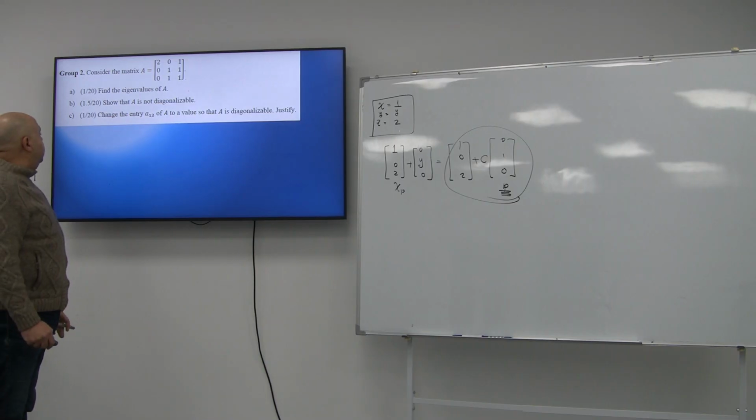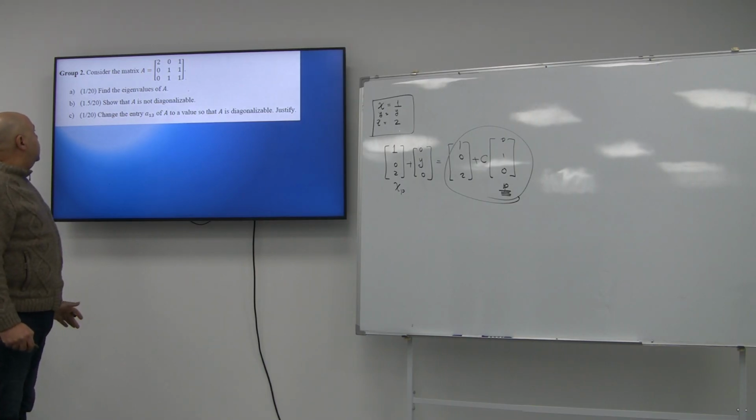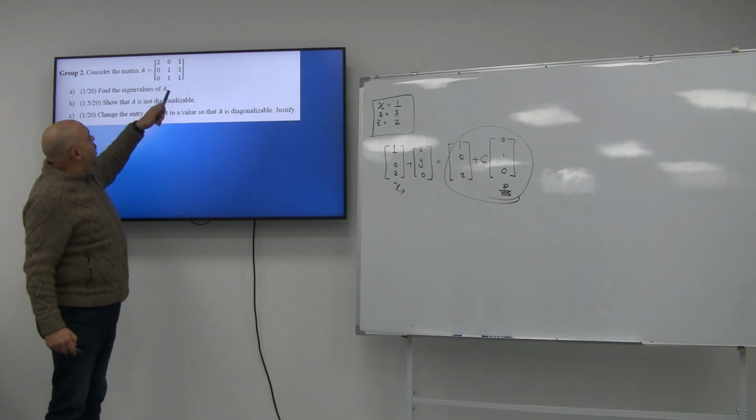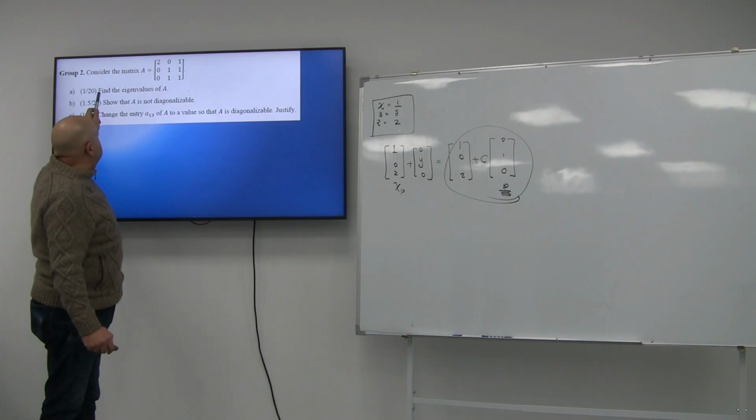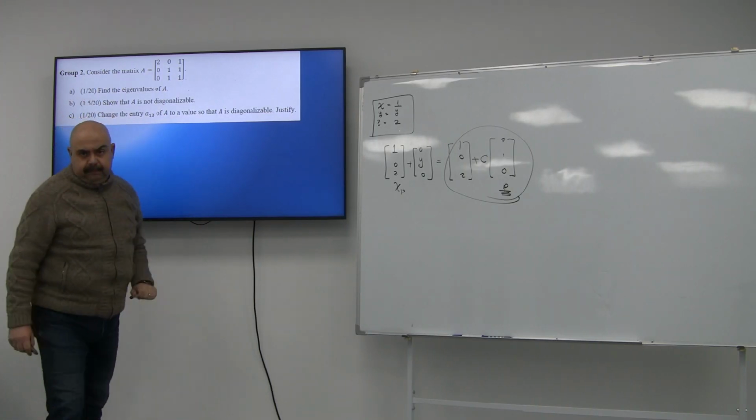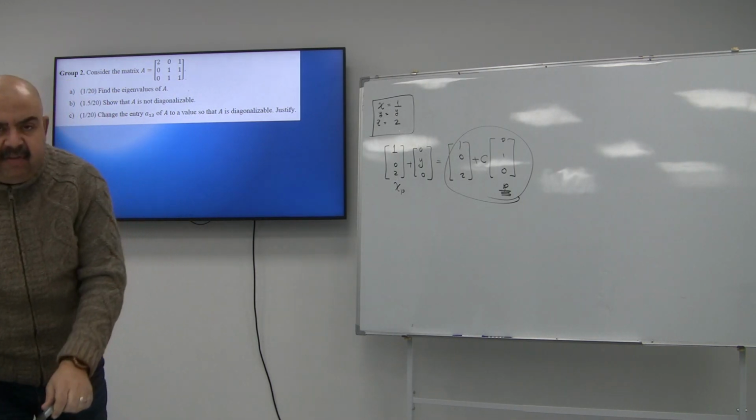For group number 2, he's giving you a matrix A, which is (2, 0, 1), (0, 1, 1), (0, 0, 1), and he's asking you a direct question about finding the eigenvalues of A. So this is really a very simple question.